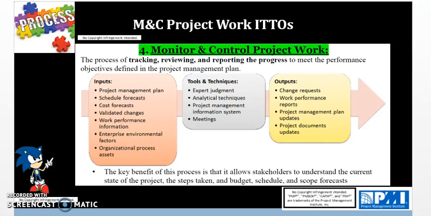So, during the execution of the project work, project managers are expected to be proactively monitoring and controlling the project to ensure work is aligned within boundaries of scope, schedule, cost, risk, and resources as outlined in the project management plan. And we can see that right here as one of the inputs.